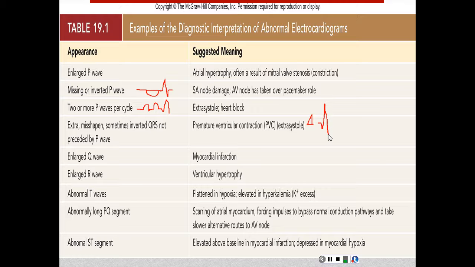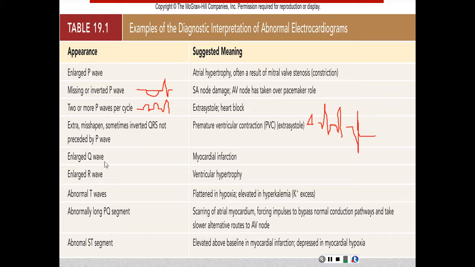That's supposed to be our normal QRS. But if there's an extra one, so we have two of them back to back, or it's misshaped like this one is right now, or maybe inverted, and it doesn't even come after the P, it may come after the T, then we know it's a PVC or an extrasystole.